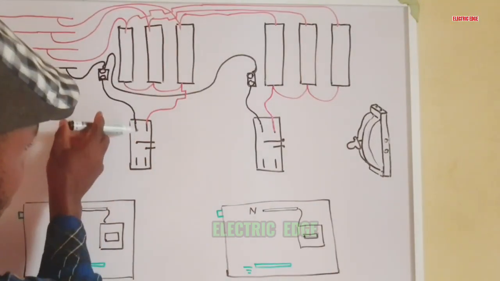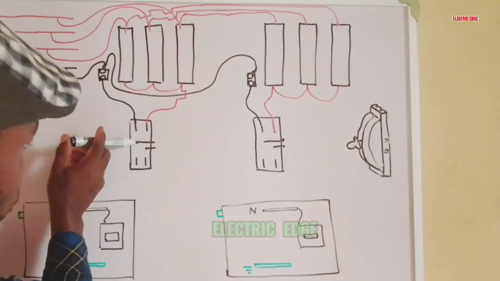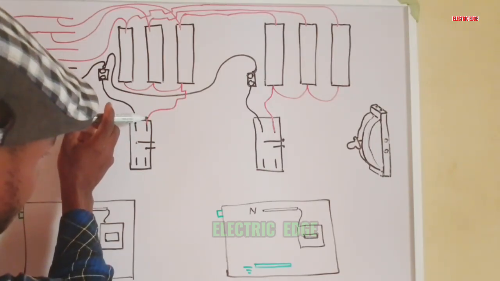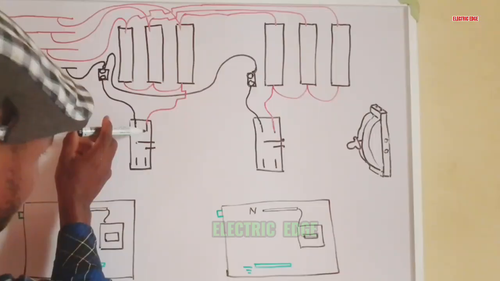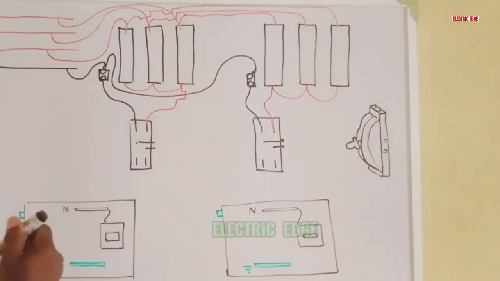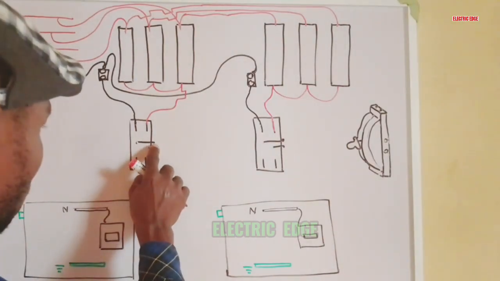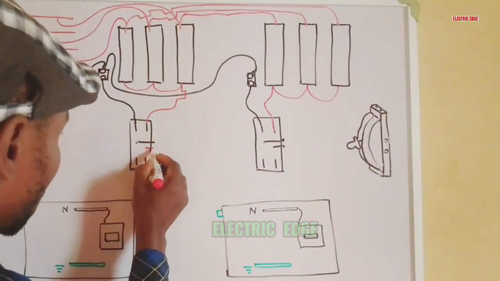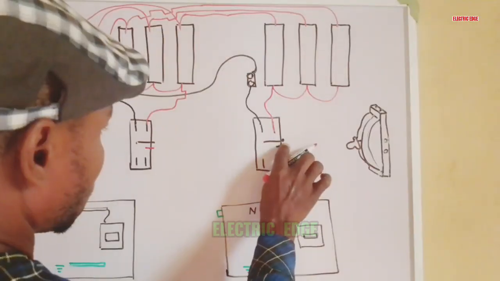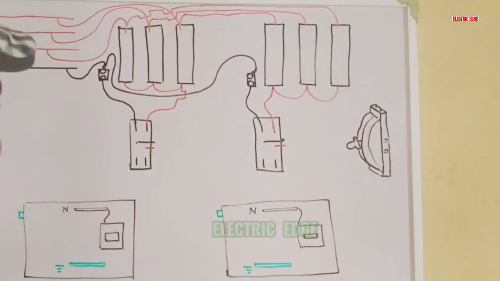Since this one is neutral, this particular terminal is going to be neutral, and this one is the live, the phase. Here will be phase as well. Let me correct something. Here will be red, to show it is live, and the other one is neutral.